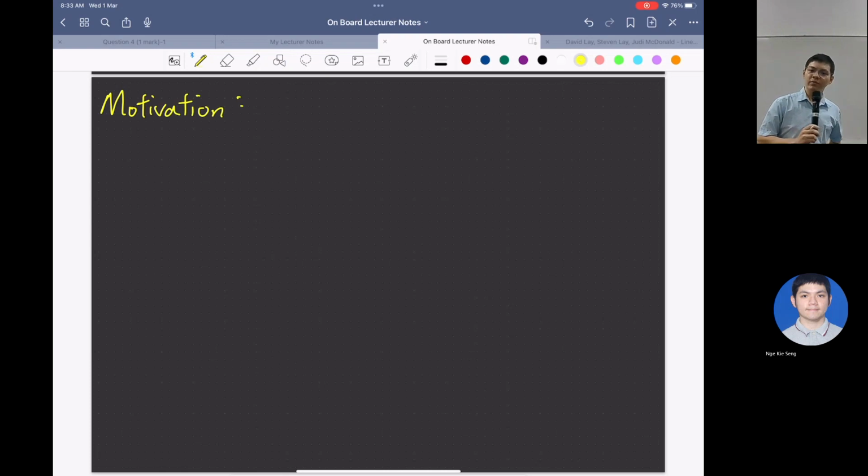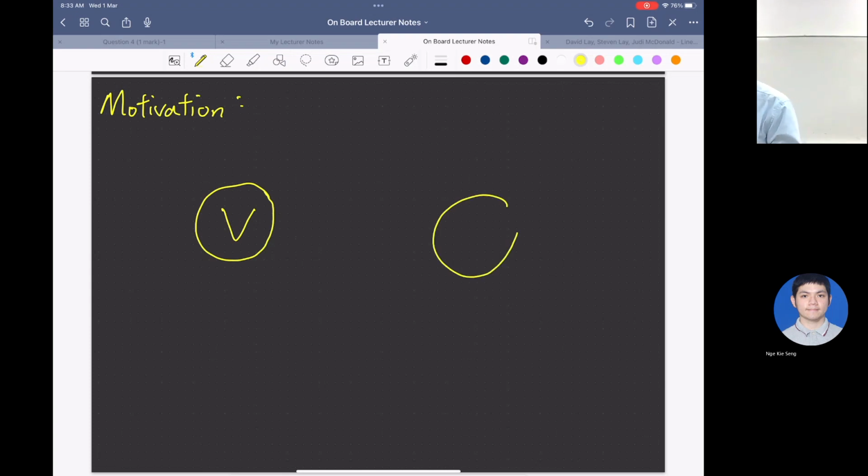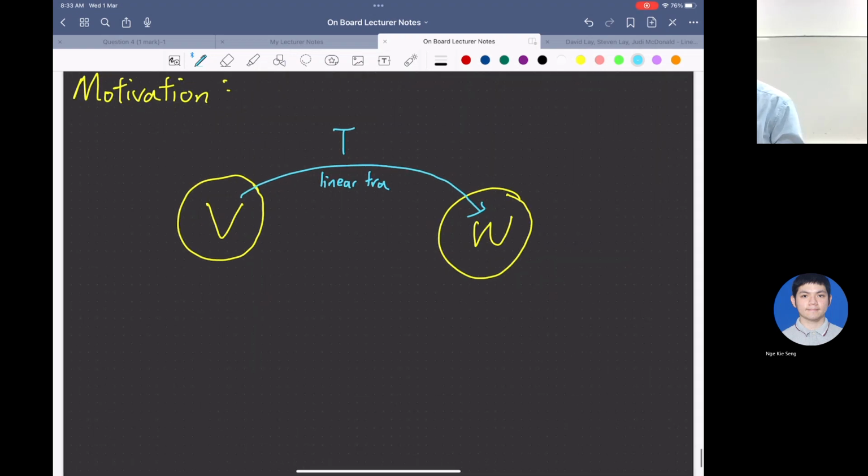Okay. So the motivation is, let's say we want to start from any vector space V, and any vector space W. And then we got the map T. T is a linear transformation because it's a map between vector spaces.